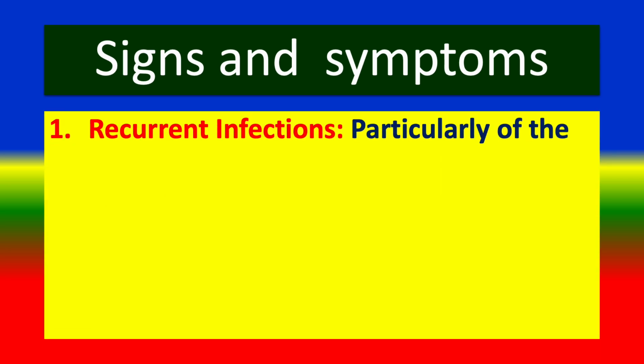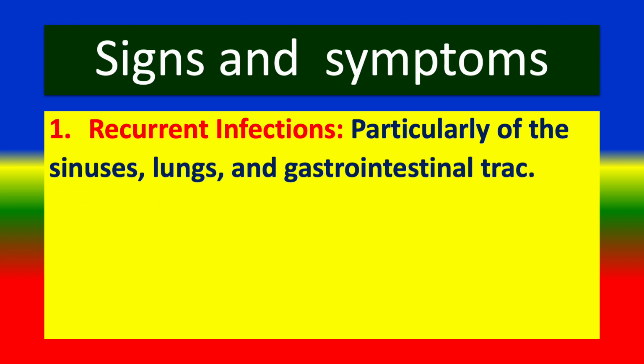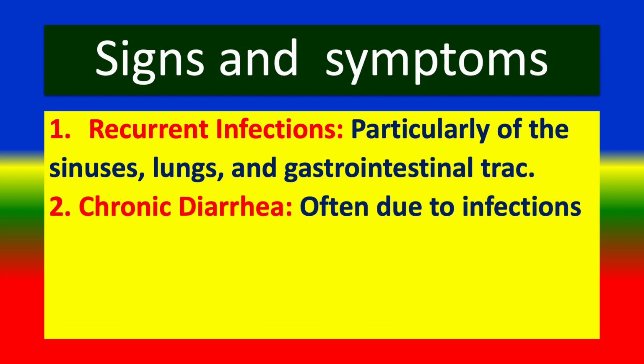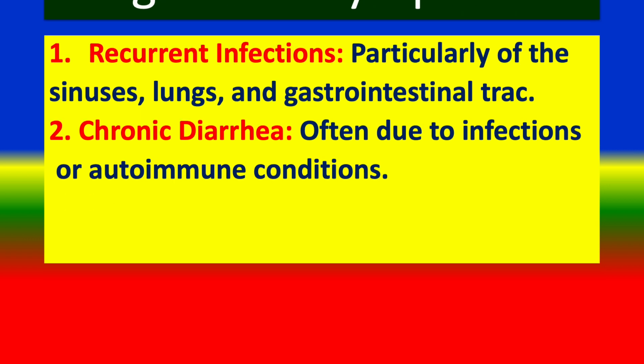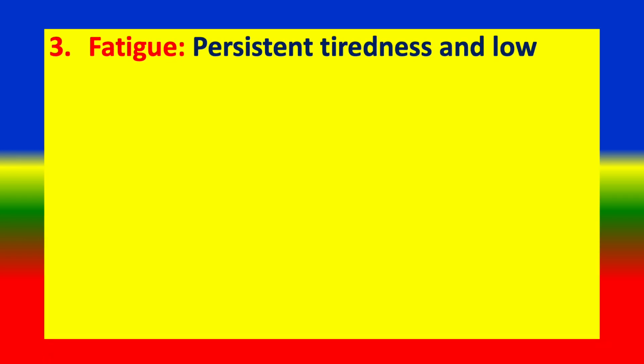Signs and symptoms. 1. Recurrent infections, particularly of the sinus, lungs, and gastrointestinal tract. 2. Chronic diarrhea, often due to infections or autoimmune conditions. 3.